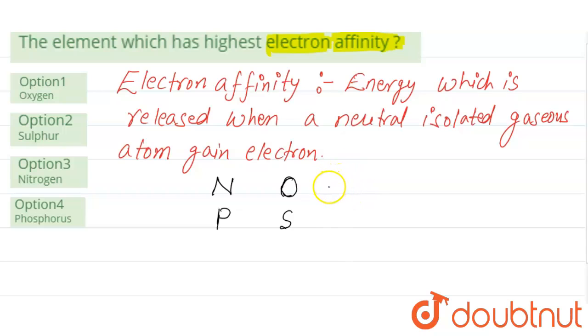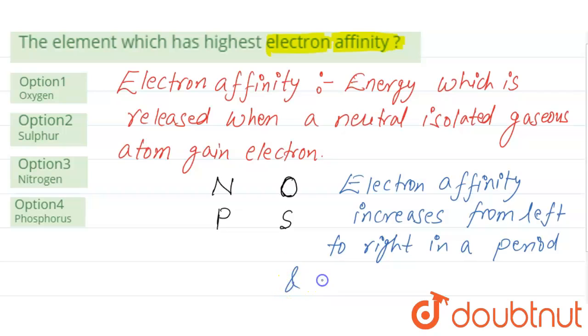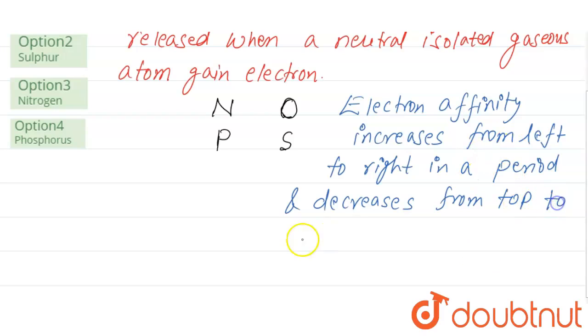according to the trend, electron affinity increases from left to right in a period and decreases from top to bottom in a group.